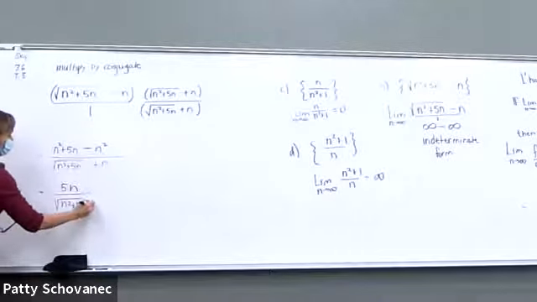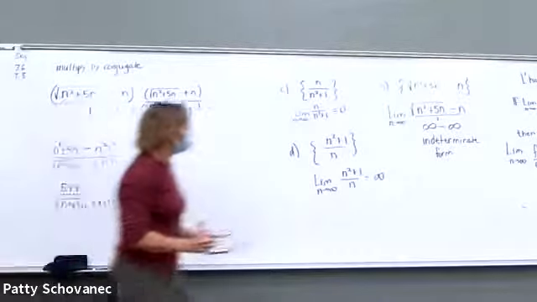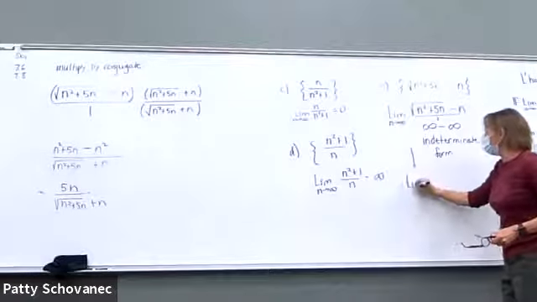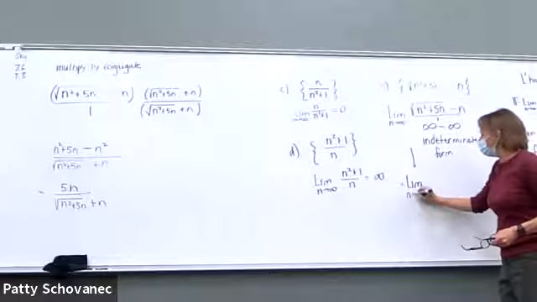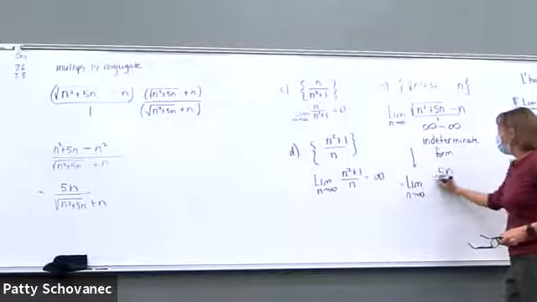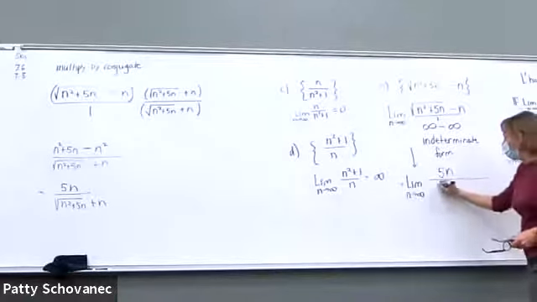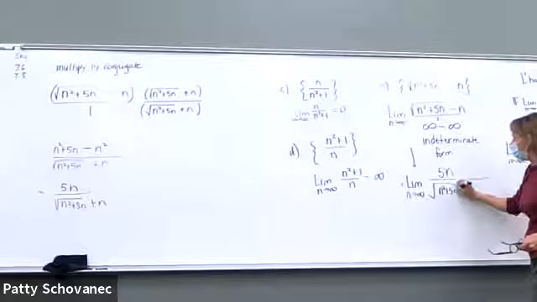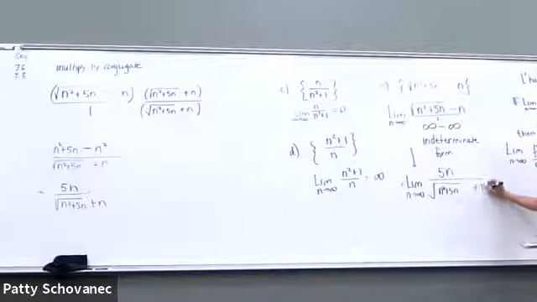So I'm going to go back over here and write that this limit is equal to the limit as n goes to infinity of 5n divided by the square root of n squared plus 5n plus n.